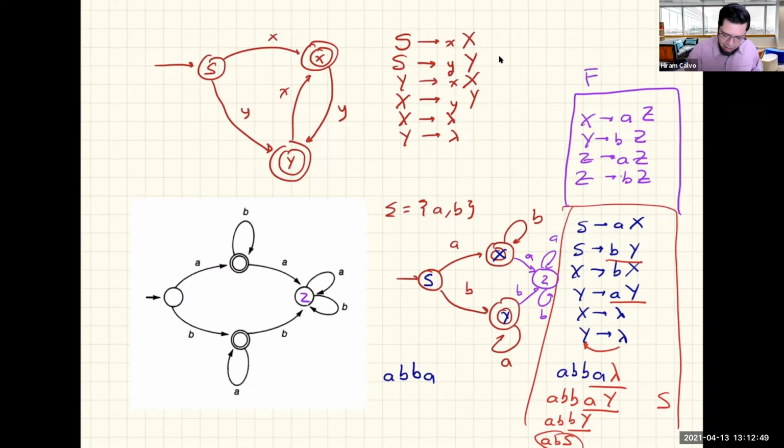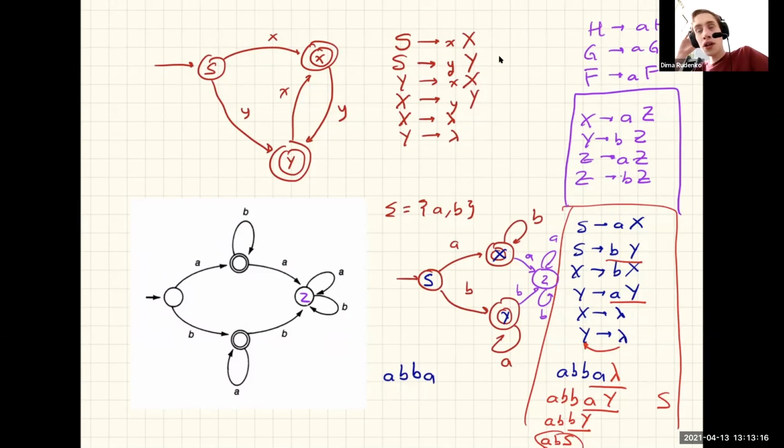For example, if you add F, A, F, G, A, G, H, A, H, you see that these are not useful. However, you can add them to the grammar always. And again, if you consider all rules, they make a new grammar. Yes, are you understanding this point? So how are they called? These grammars that have the same language? Equivalent grammars. Equivalent. Thank you.